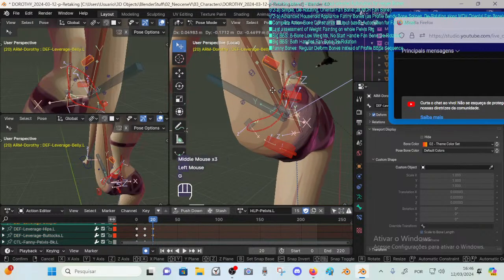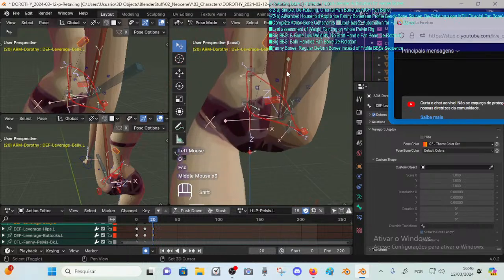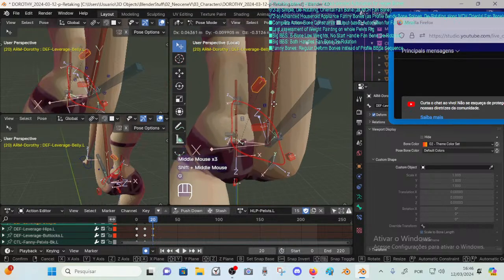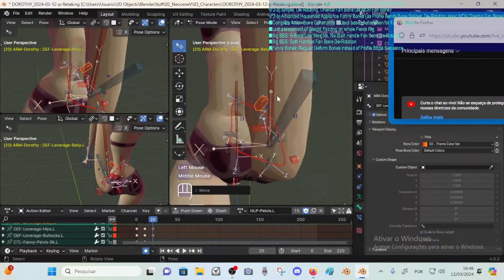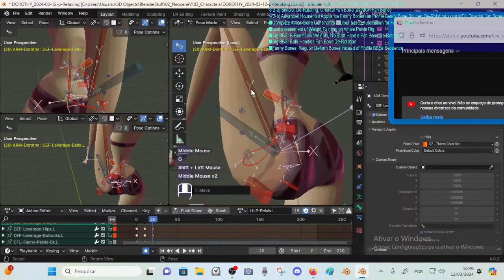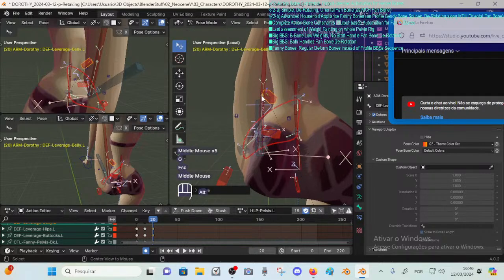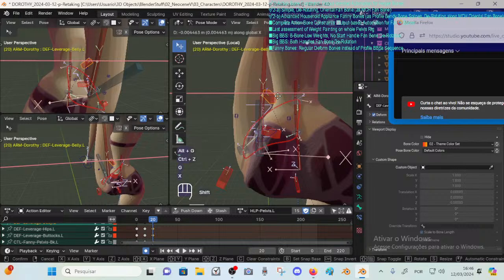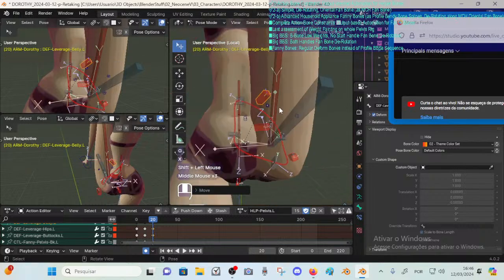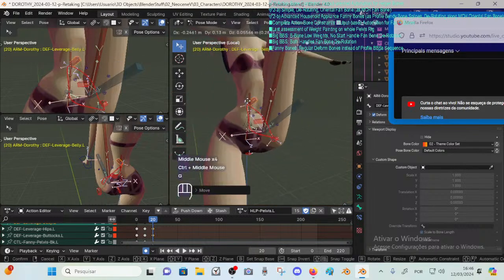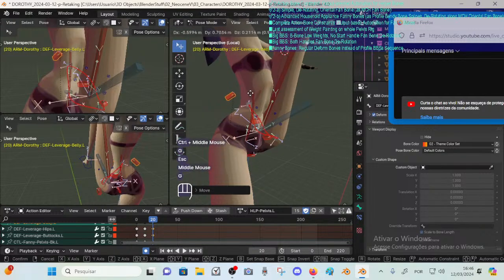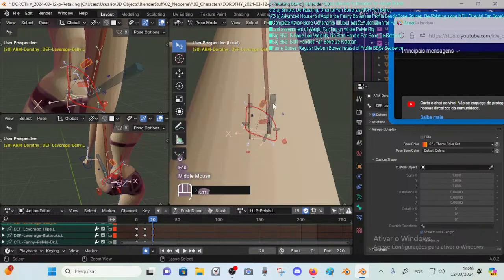There's this, the belly. Maybe it's too much up, so the belly button gets a bit deformed. We cannot prevent the interpenetrations by doing this. It's unnatural, right?